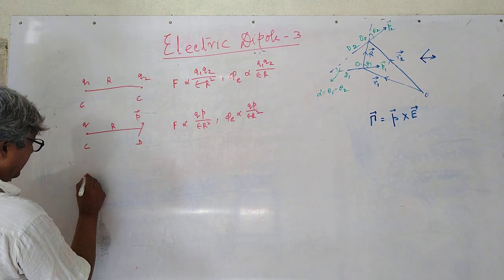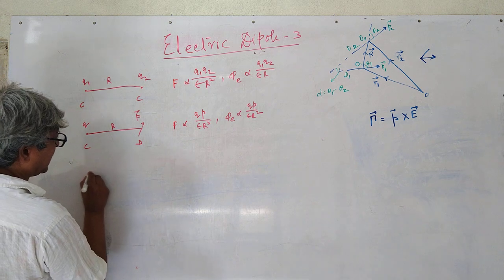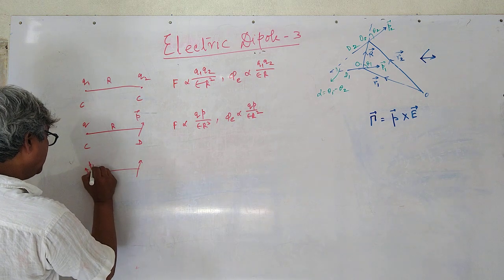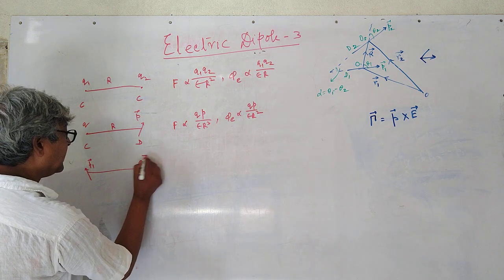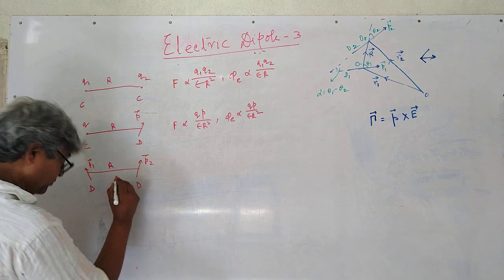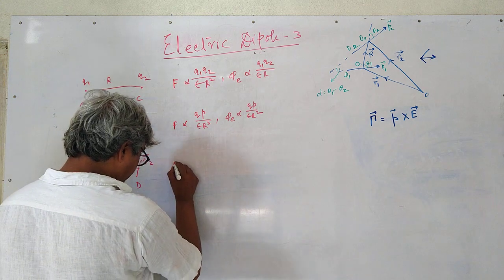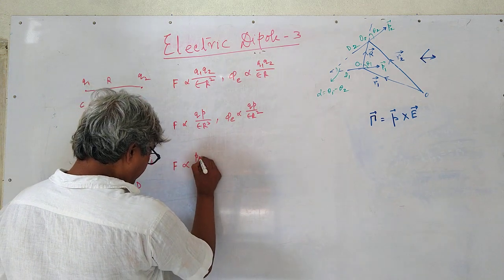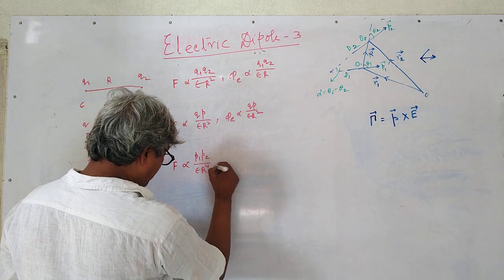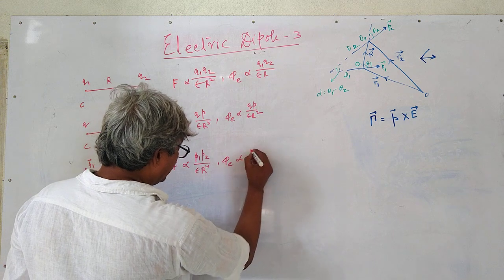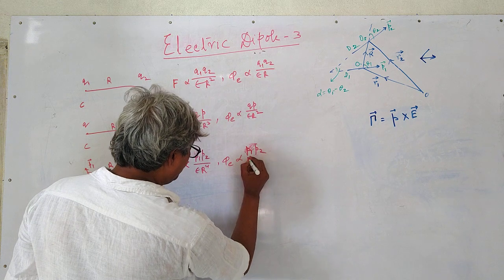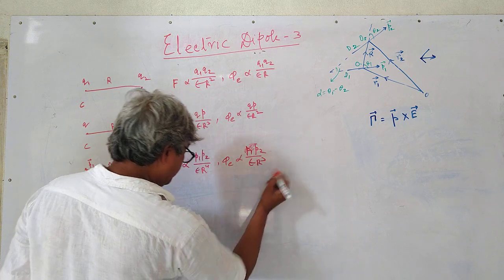And if we have two dipoles of moments P1 and P2, again separated by a distance r, in this dipole-dipole system, the force between the dipoles is found to be P1 P2 by epsilon r to the power 4, and the potential energy is P1 P2 by epsilon r cubed.